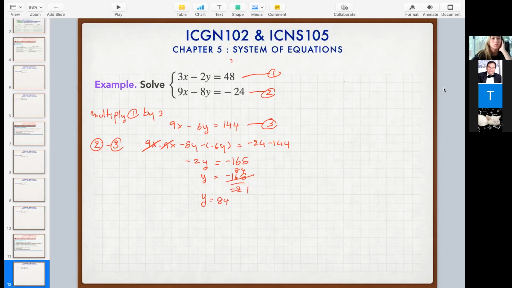When I get y already, I back substitute y in equation 1.